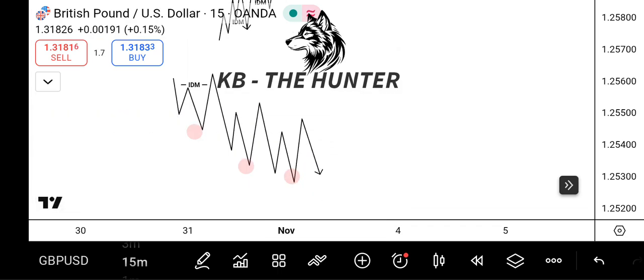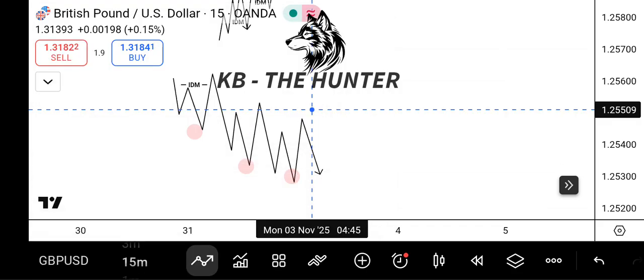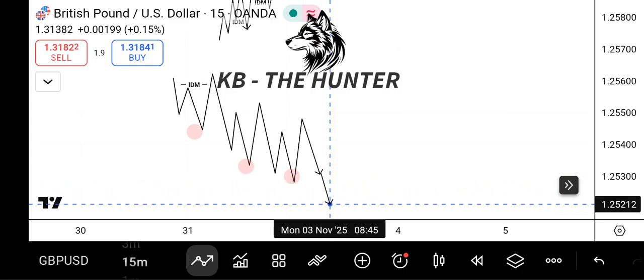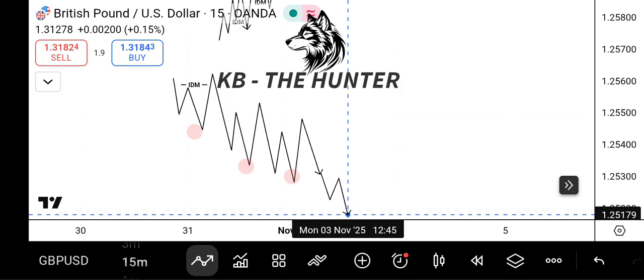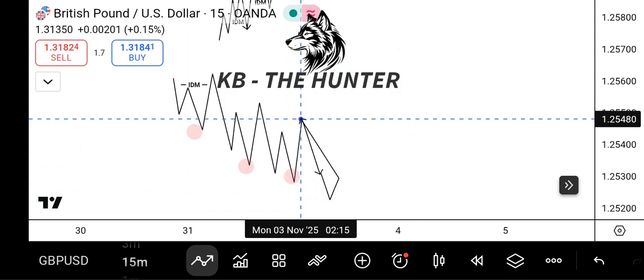And in a case where there is a change of character, this is how change of character works. Let's say we are expecting a change of character. We will only get a change of character if the market breaks this lower high, because that is a strong high and the market is not expected to override it.